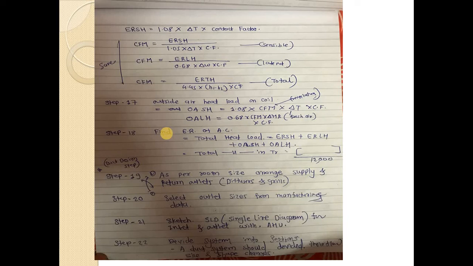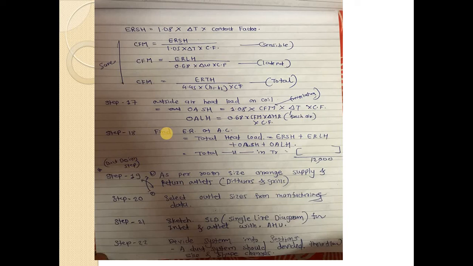Now the next, 17th step is the outside air heat load on the coil. We must consider OASH and OALH. OASH stands for outside air sensible heat, and OALH stands for outside air latent heat.